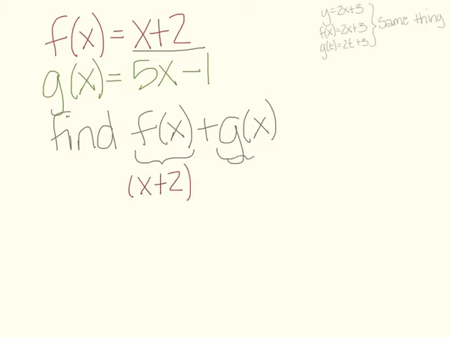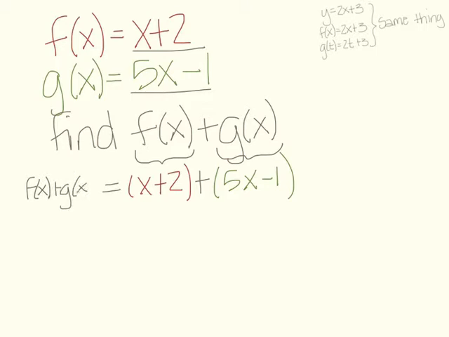Then we're going to take g of x and replace it with what it's worth, which is 5x minus 1. And we'll add them together and see what we get. We know we're going to get f of x plus g of x, but we'd like to have a little bit more information there. So I'm starting out with x plus 2. Nothing changes, so I can just drop those parentheses.